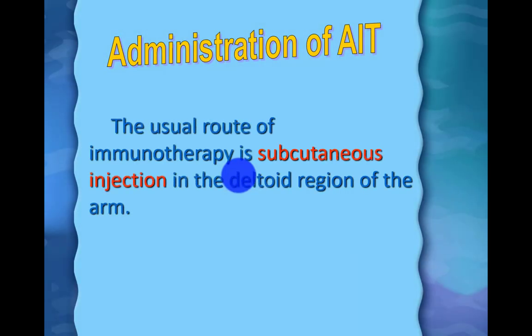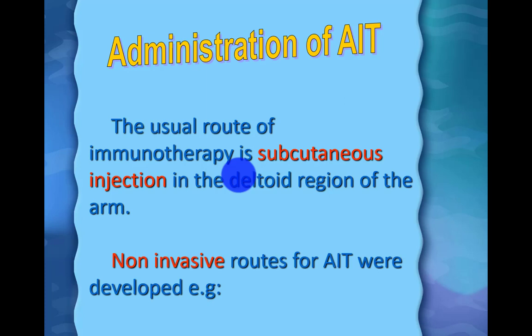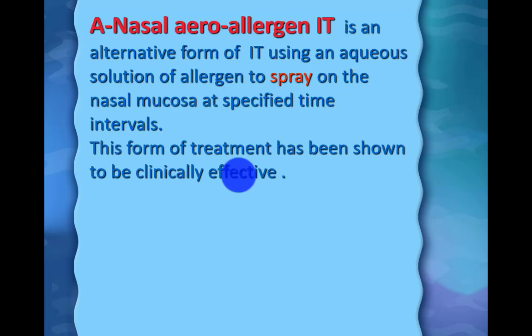Administration of EIT. The usual route of immunotherapy is subcutaneous injection in the deltoid region of the arm. Non-invasive routes for EIT were developed. A nasal aerosol allergen IT is an alternative form of IT using an aqueous solution of allergen to spray on the nasal mucosa at a specified time interval.